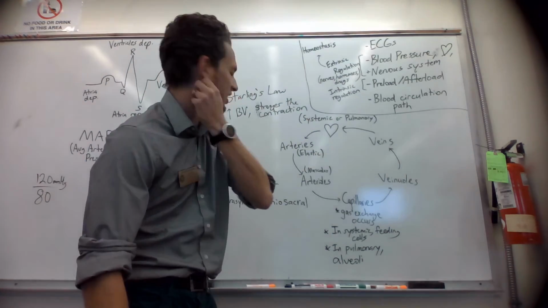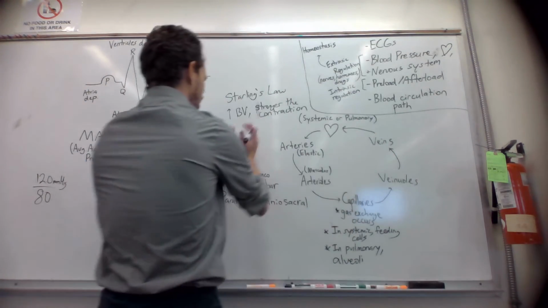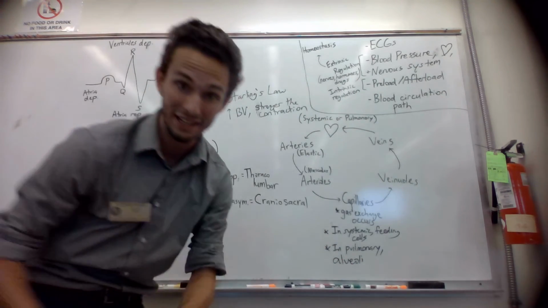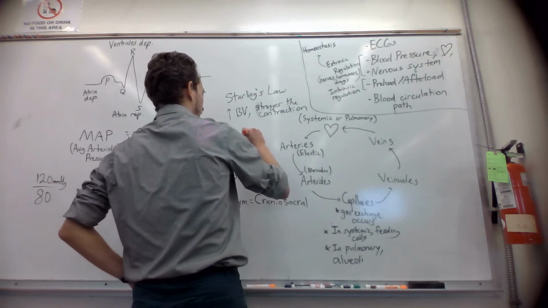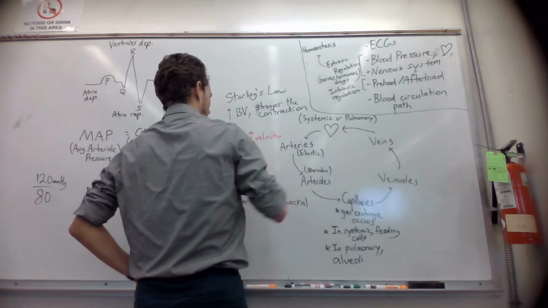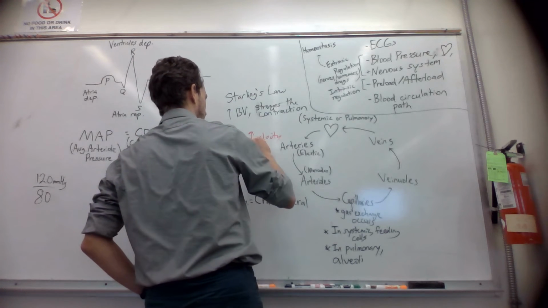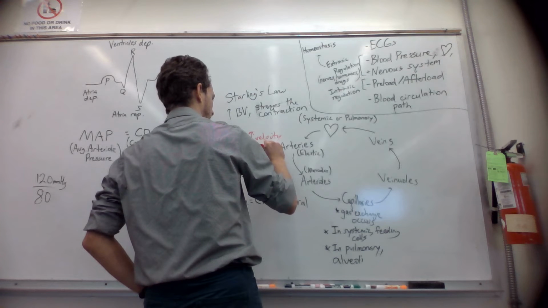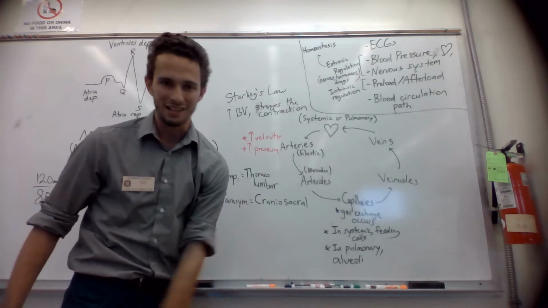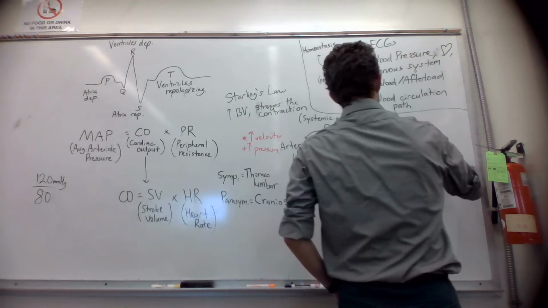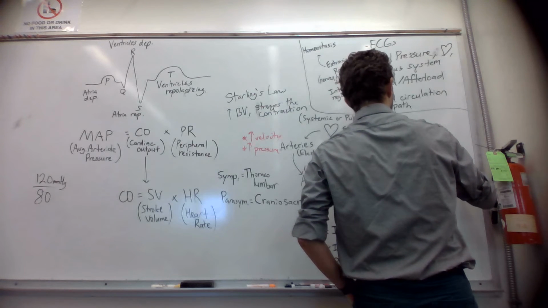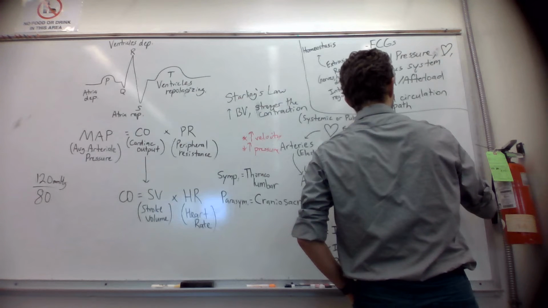Two sections I want to kind of point out. In the arteries, the blood is going to be moving quickly, okay? So high velocity. And it's also pushing on the walls of the arteries a lot, so it's high pressure as well. High velocity, high pressure. On the vein side, there's going to be medium velocity, but low pressure.